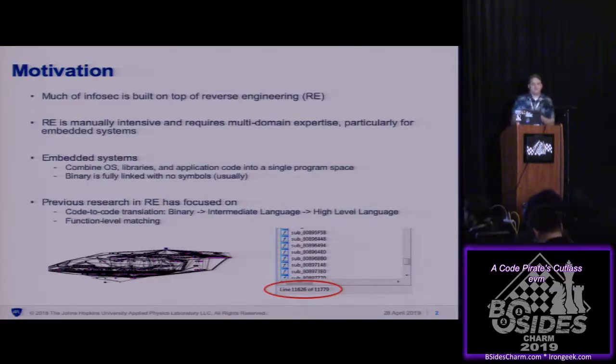So the motivation behind this is, I'm guessing the folks in the room have done reverse engineering, or you've got some interest, or you're at least familiar with the subject. But if you're not, a lot of what we do in InfoSec is built on top of reverse engineering, right?